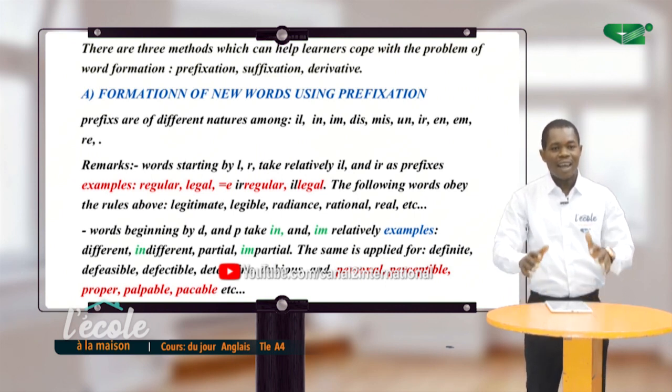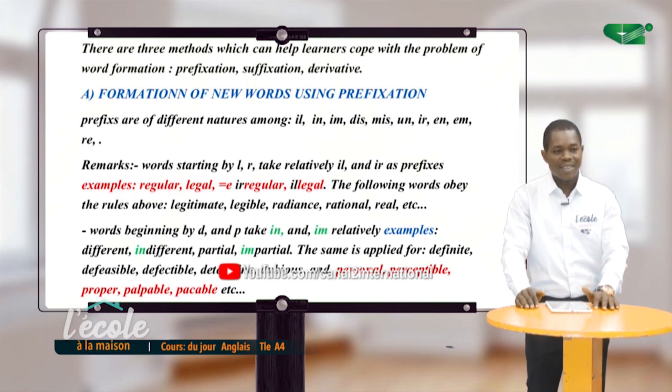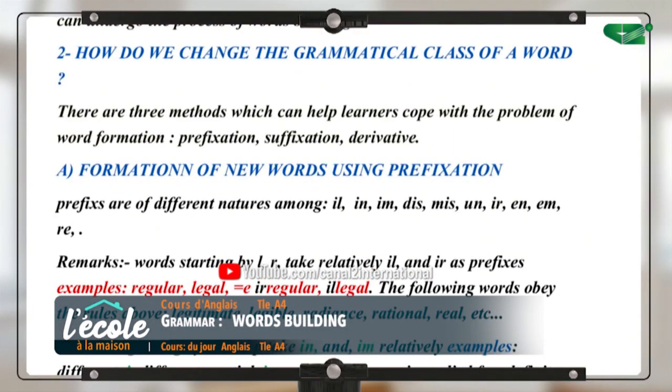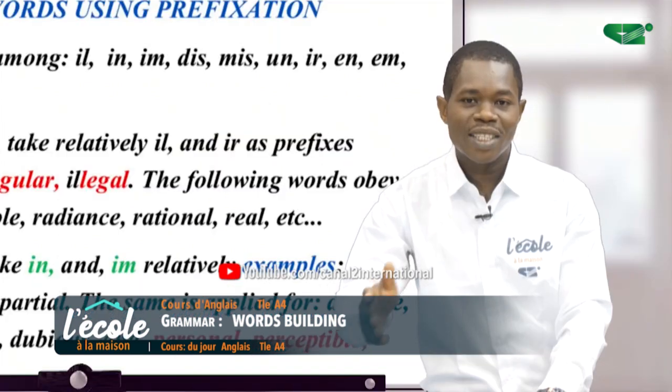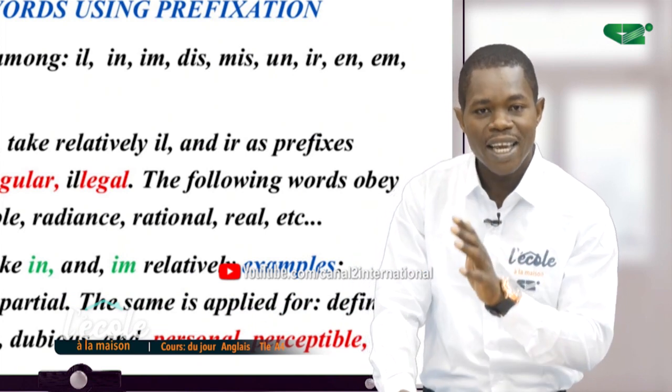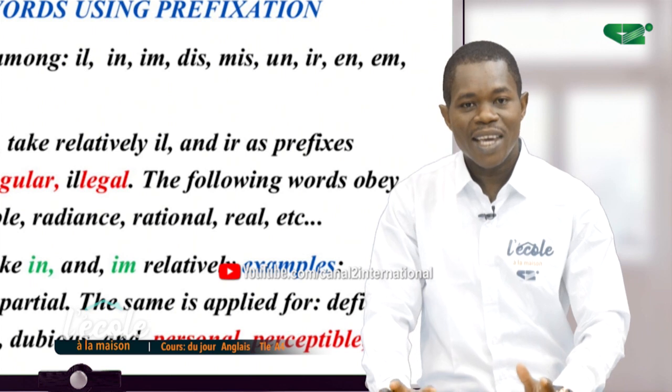I say happy, which is an adjective. And then in another sentence, I say happily. That is an ending particle that I've used, which is ly. So in that context, we talk of suffixation because the change has been done at the end of the main word that we had.